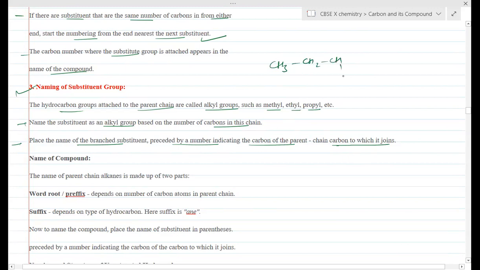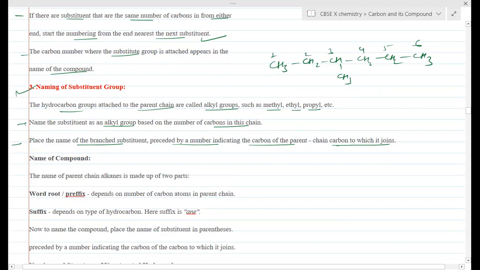CH2, CH, CH3, CH2, CH2, CH3. So you can see here 1, 2, 3, 4, 5, 6. This is 6 carbons. If you number from the other side, 1, 2, 3, 4, 5, it's a 5 chain only. So this is the longest chain.